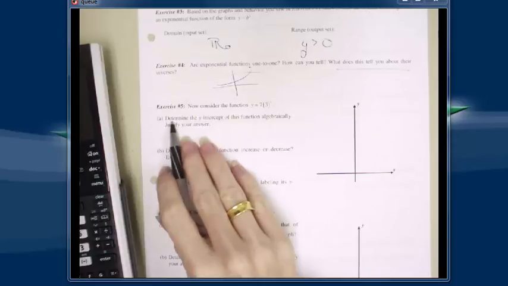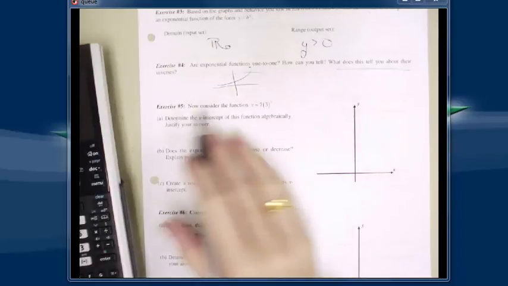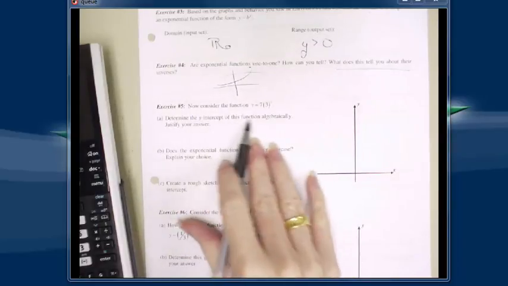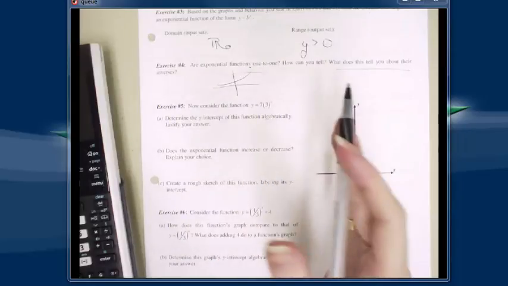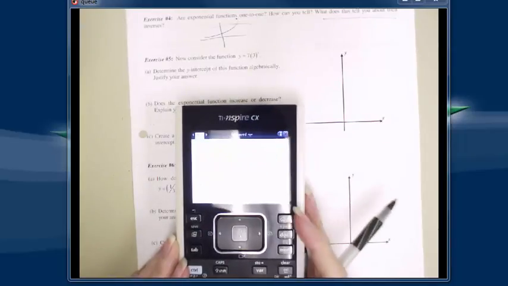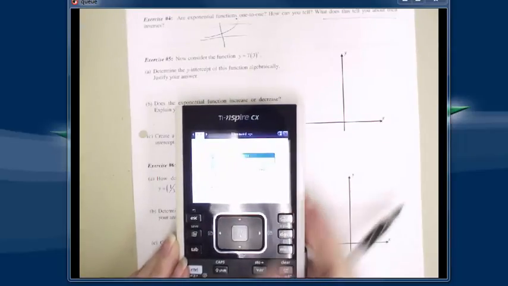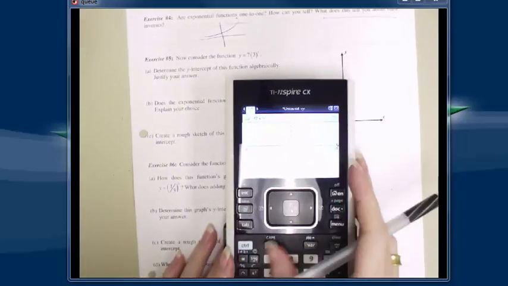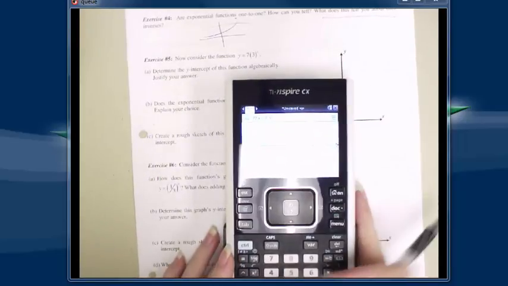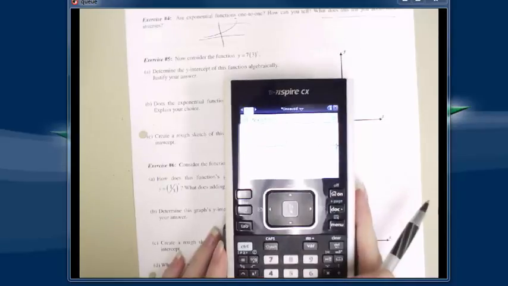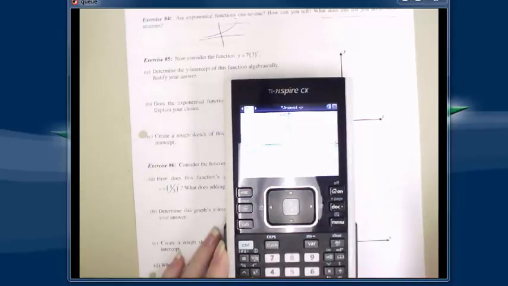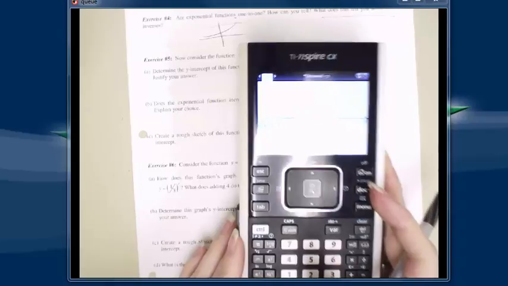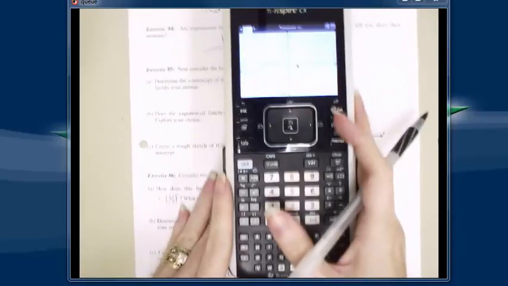Okay, so in example 5, here we go. Determine the y-intercept of this function algebraically. Now, that's lovely. First thing I'm going to do is graph it so I know what it looks like. So I'm doing 7 parentheses to the x, and it graphs, and it's gorgeous, and I can see a bunch of it right there.